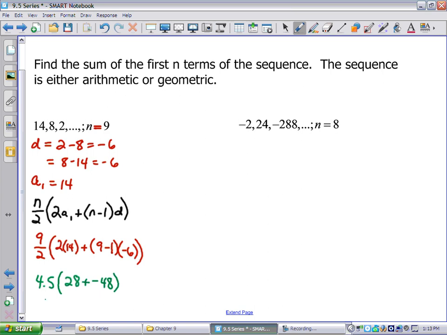So this says 4.5 times negative 20, so you get a sum of negative 90.